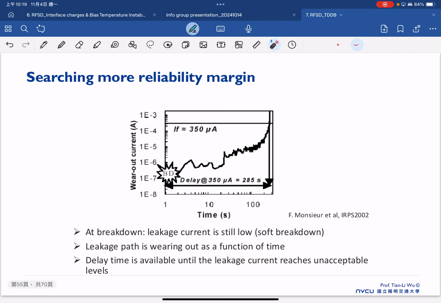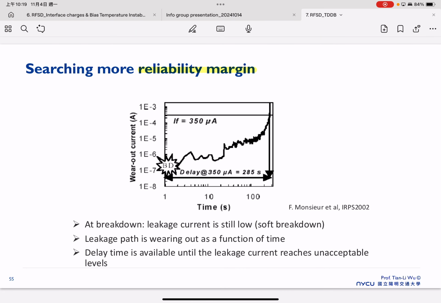And of course, even though we know the time dependent dielectric breakdown, that at a certain moment our dielectric will be completely destroyed and we will have a hard breakdown, the most important thing is that we need to find out the reliability margin. The reliability margin is, in another way, our lifetime margin.